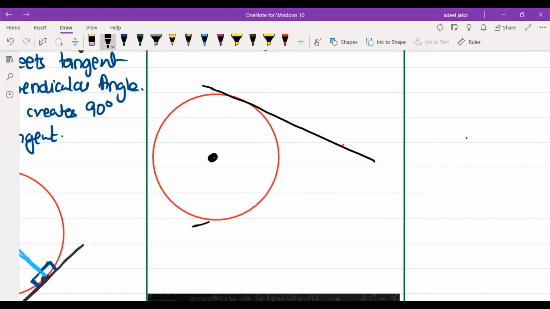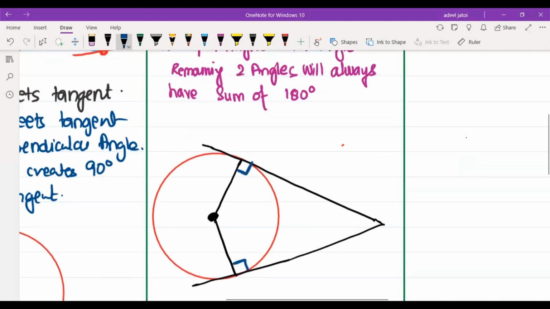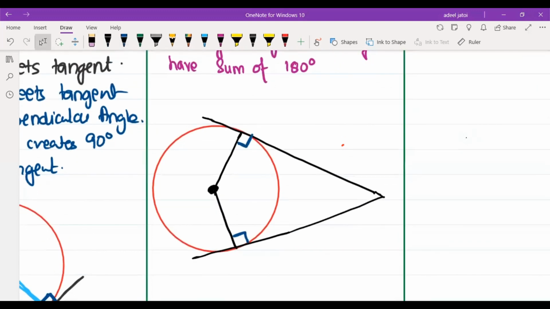Now, if you see, a tangent is meeting a radius and another tangent is meeting another radius. So, working out truly, we know when the radius meets the tangent, it creates what? 90 degrees, and it creates 90 degrees as well. So, the most important point is that when the two tangents meet, they meet at one point outside the circle.